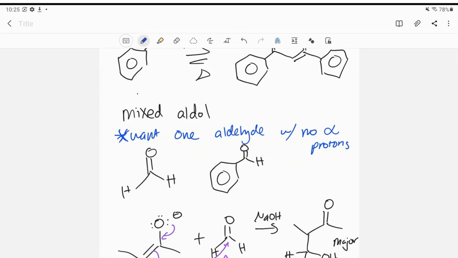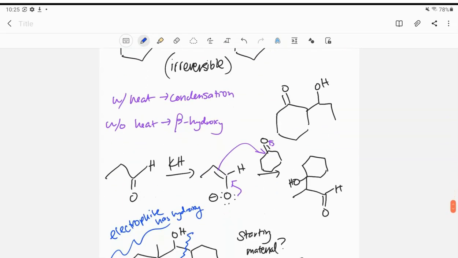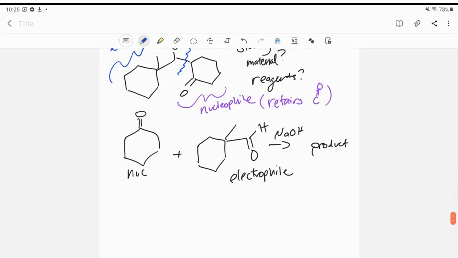But because our aldehyde here does not have alpha protons, no protons on that alpha carbon, we are okay to use NaOH. And remember, if we can use NaOH, we should, because it's much safer, right? So it would be a waste to use KH on this, and you're putting things at risk for no reason.